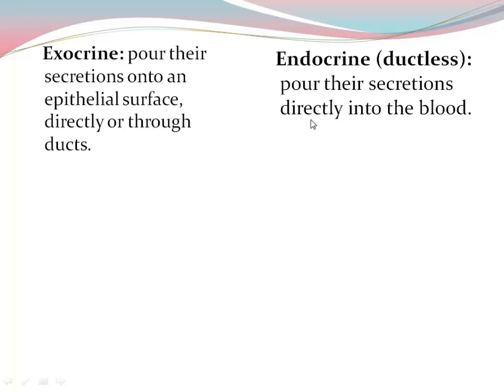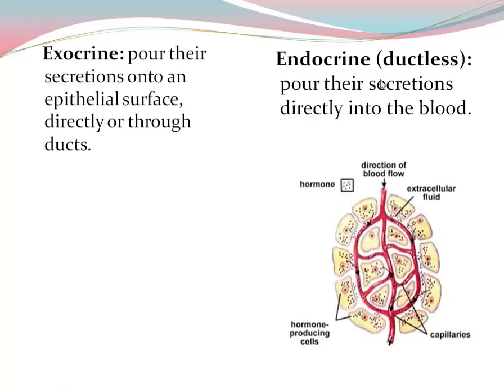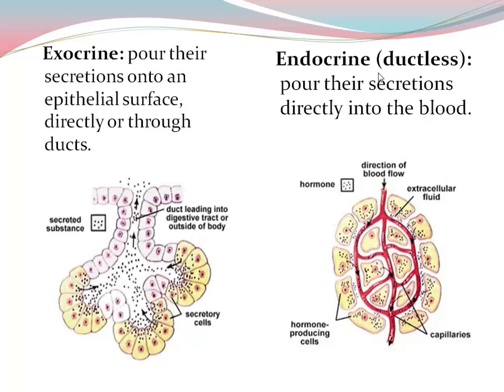Endocrine glands are called ductless because their secretion is poured directly into the blood. Blood capillaries are very closely attached to these glands, so the secretion enters directly into the blood system. These are the ductless or endocrine glands, while exocrine glands pour their secretion on the surface through ducts.